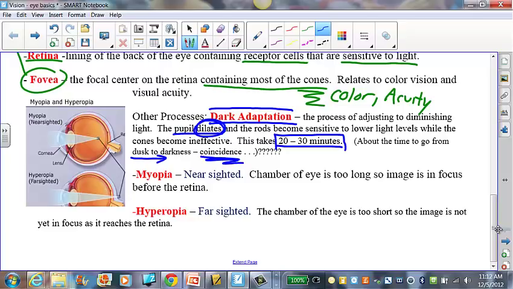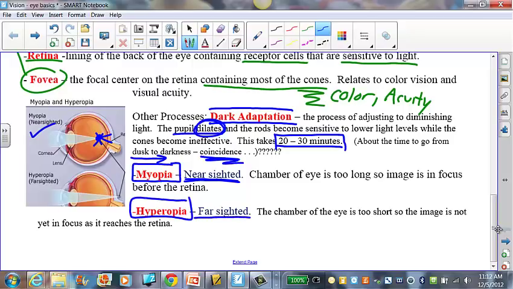A couple of problems with vision that we're probably familiar with: myopia, which refers to nearsightedness. That means we can see things close, but things off in the distance are blurry. And that's probably caused because the chamber of the eye is a little bit too long for us. So if we look up here at our diagram, light focuses a little bit too close to the front of the eye, and then by the time it gets to the retina, it is again out of focus.